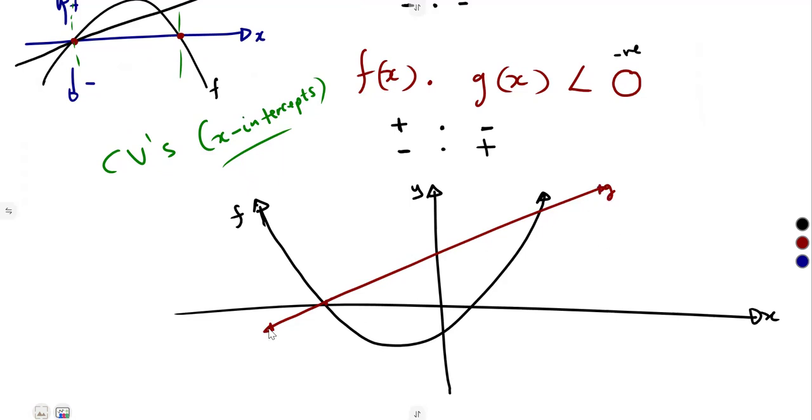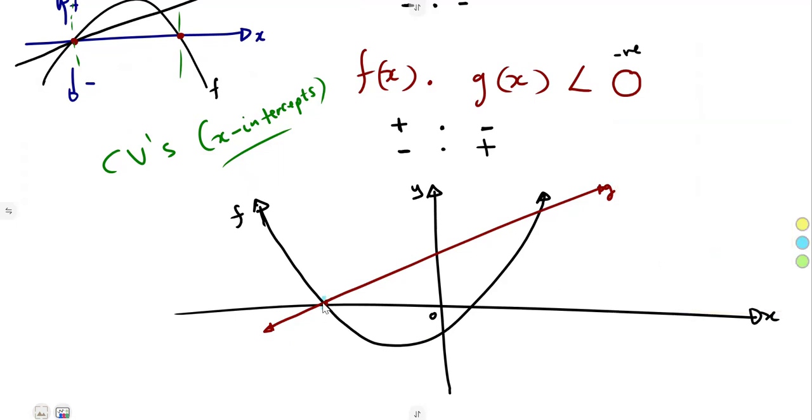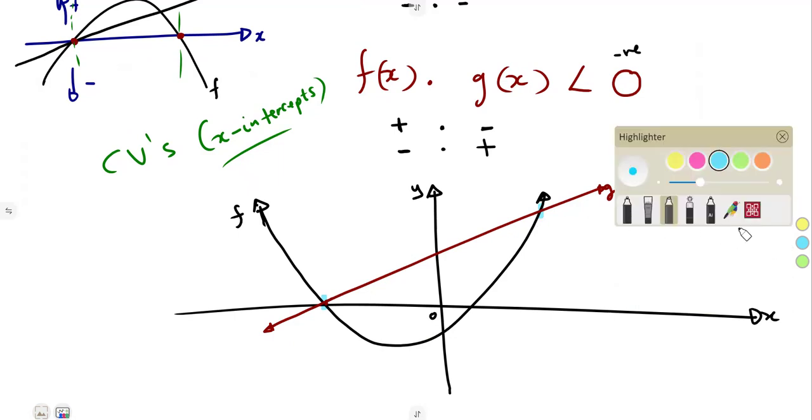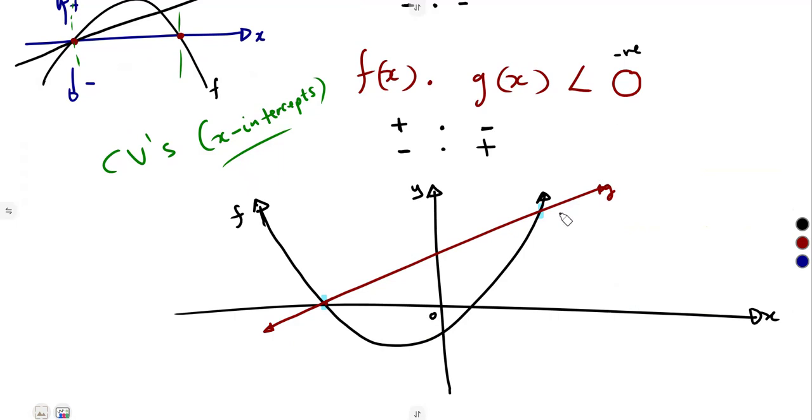These two graphs that we are given, they do intersect. They do intersect at this point and also at that point, which is not important in our case. What is important are the x-intercepts. So according to the two graphs, we can see that here it is the x-intercept for both.